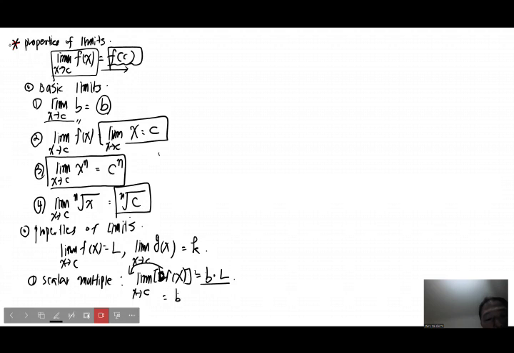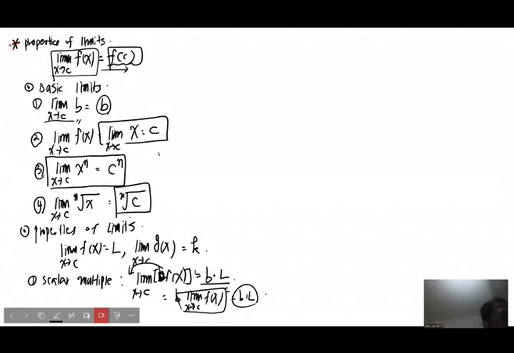If you take b out of it, then that's the same as b times the limit of the function f(x) as x goes to c. This one is L, so that should be b times L.